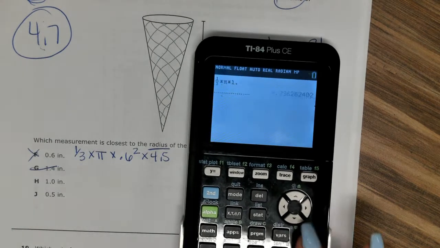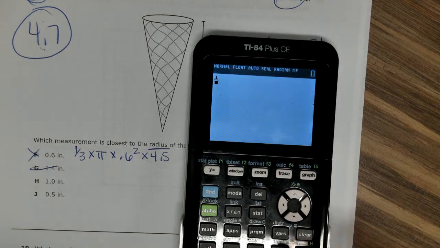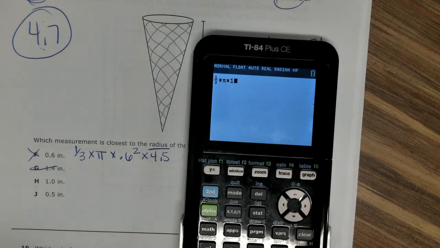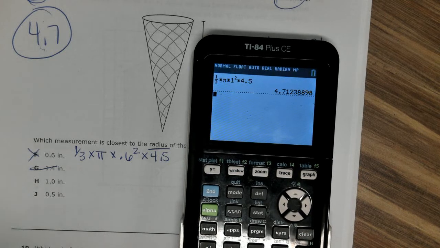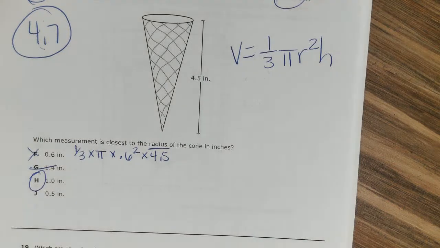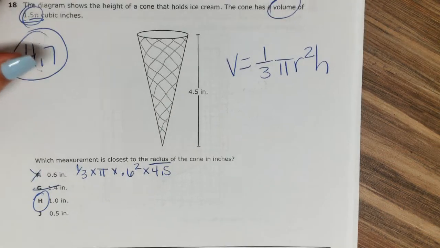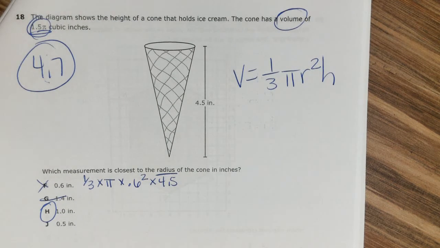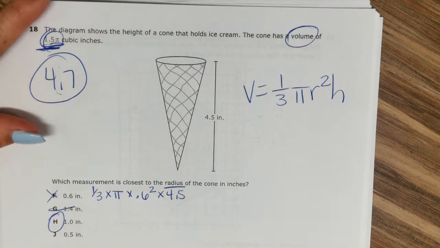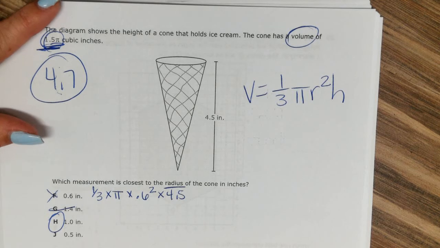No. 1/3 times pi times 1 squared times 4.5. Did that give me 4.7? Yes. Do y'all see how you can use your answer choices when it asks a backwards question? They said this is the answer. Which one is the radius?